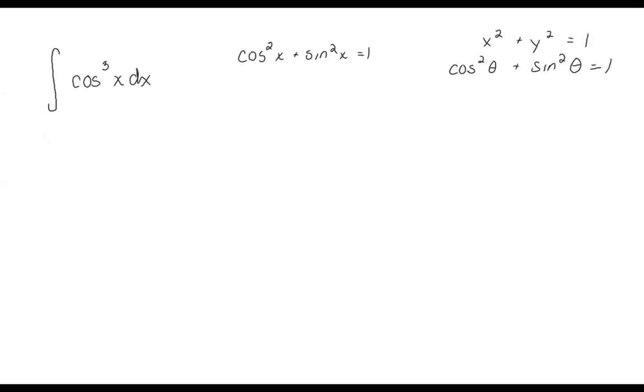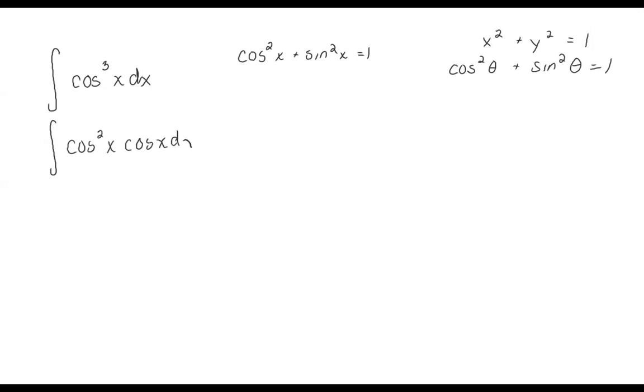The reason that this identity is useful is really the same thing we just did in the last problem, but we're going to do it thinking substitution instead of thinking integration by parts. So I'm going to split this up. I'm still going to take a cosine squared, and I'm going to take a cosine x.